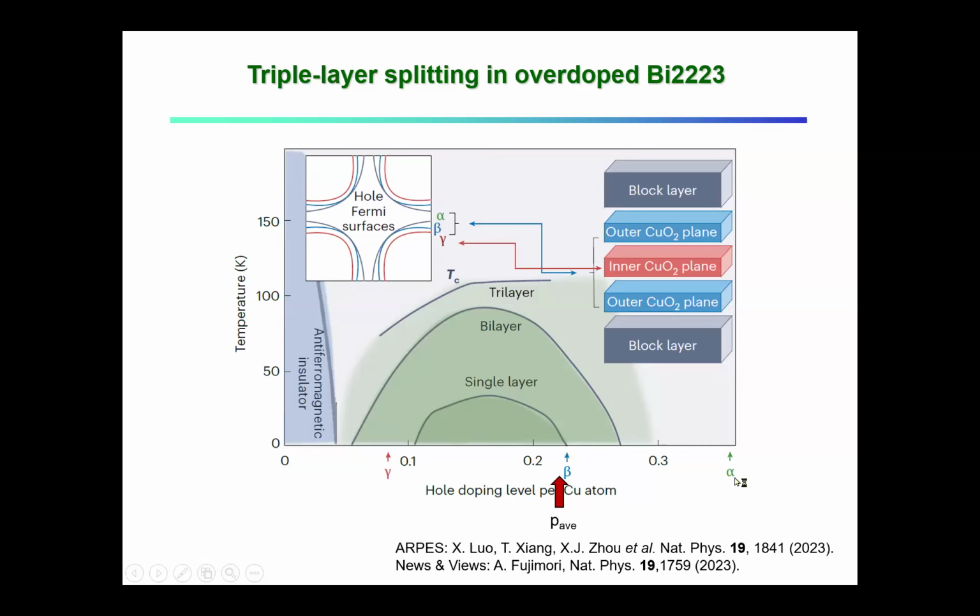Then they found three Fermi surfaces, alpha, beta, gamma. Actually, the highest one is almost 40% hole Fermi surface area, and the lowest one, the inner one, is only below 10%.